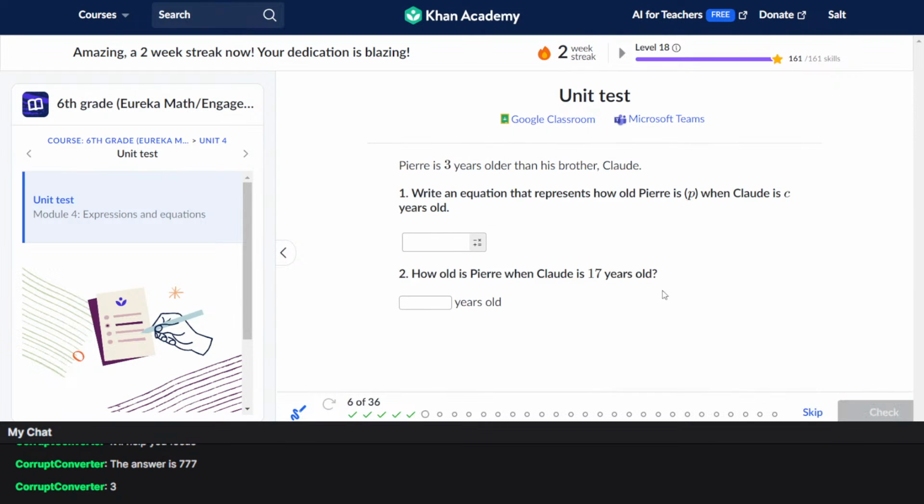Pierre is 3 years older than his brother Claude. Write an equation that represents Pierre's age if Claude is C years old. Do I have to put an equal sign? I don't even know.